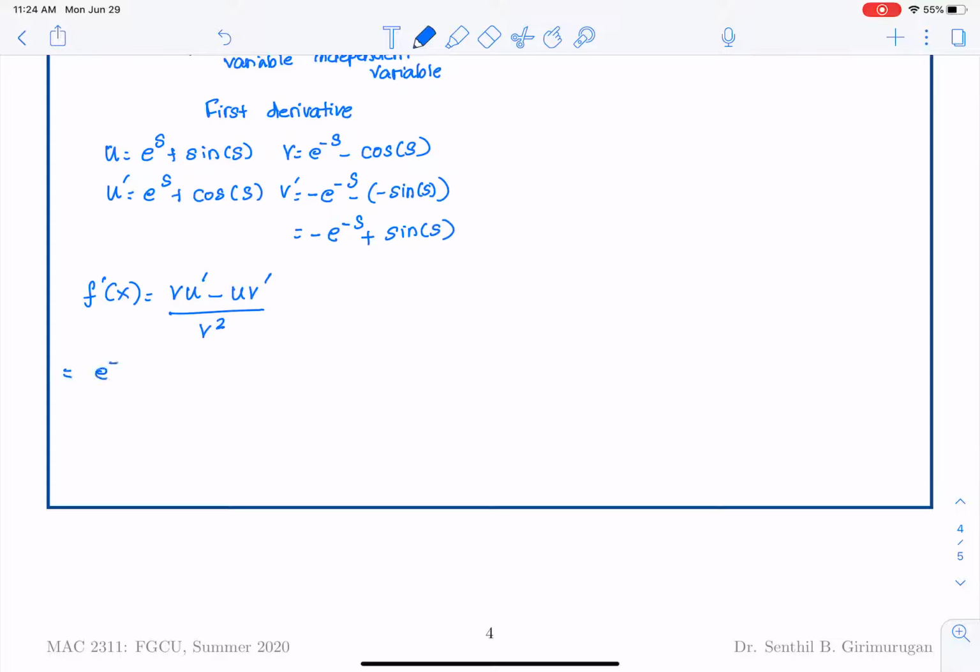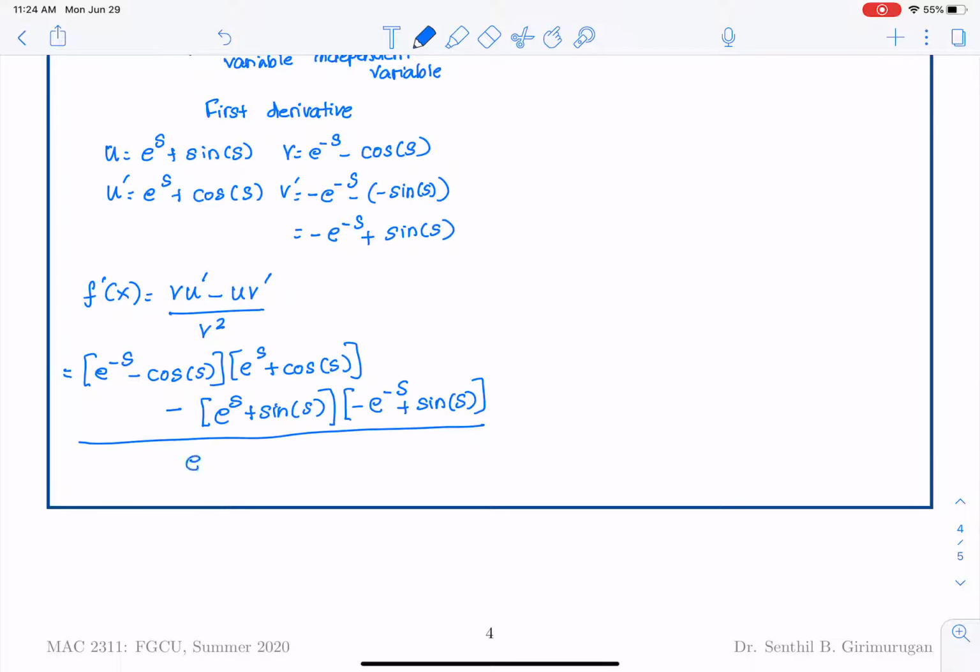V is e raised negative s minus cosine s multiplied by u prime, e raised positive s plus cosine s, minus u, e raised s plus sine s, multiplied by v prime, negative e raised negative s plus sine s, divided by v squared, which is e raised negative s minus cosine s, squared.